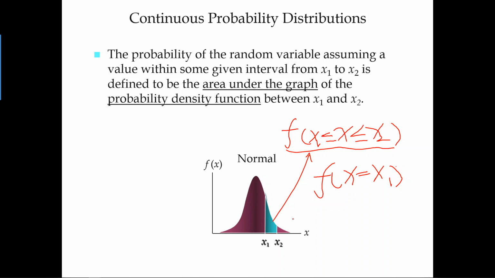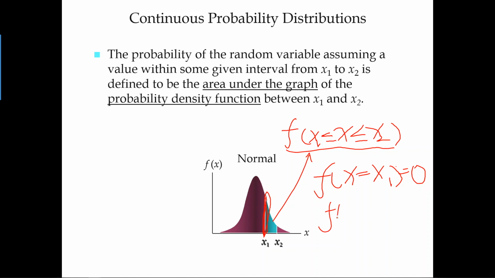Now look at this chart, x equal to x1. Basically, it is a vertical line, right? I'm not talking about the length, I'm talking about the size of the area. The area of a line is 0, because there is no area corresponding to a line. The line only has a length, but it doesn't cover any area. Therefore, the probability for x equal to x1 equals 0.